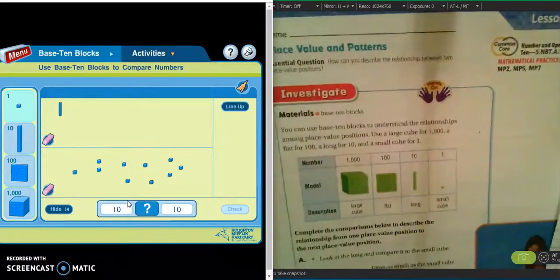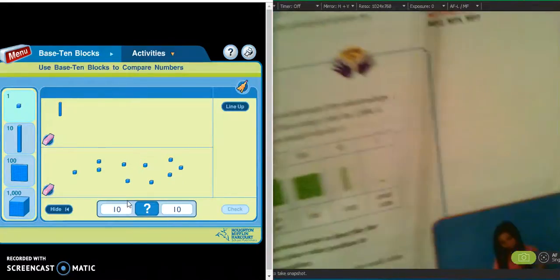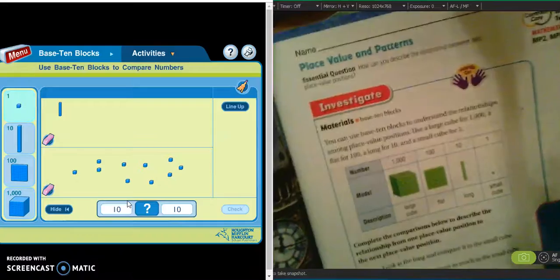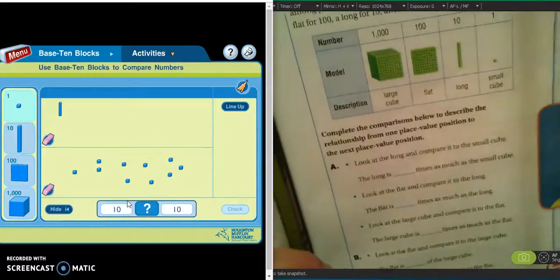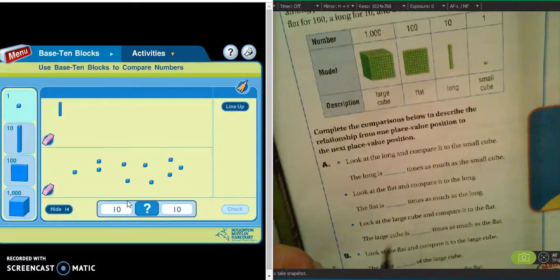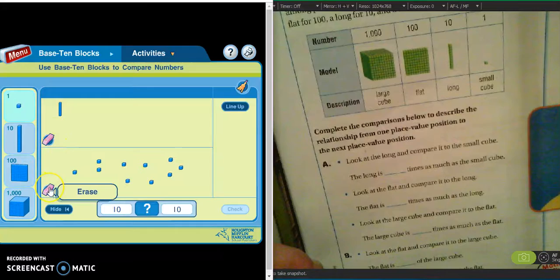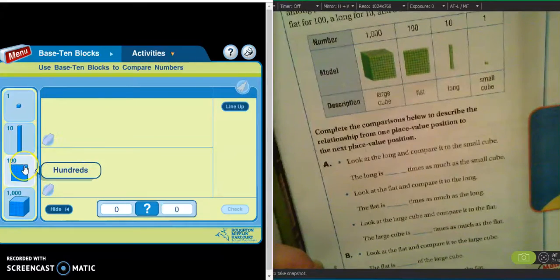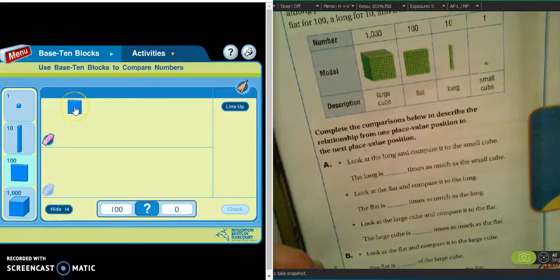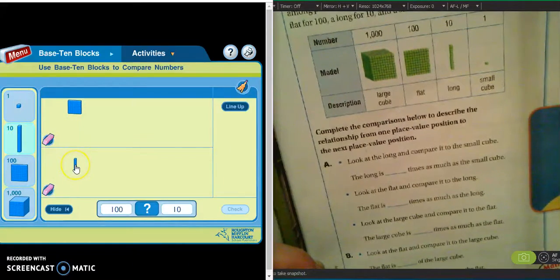Now, we want to look at the flat. It says look at the flat and compare it to the long. So we already have a long there. Okay, so we have a flat, and we want to compare it to the long.